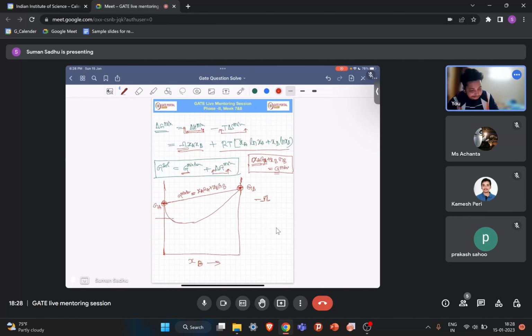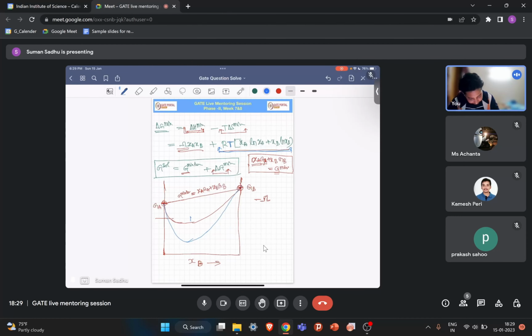Okay, and also what is the sign of this? The sign of this is always negative, right? Because xa is less than 1, that means your ln xa will be negative, and similarly ln xb will also be negative. The sign of this term will always be negative, and depending on the value of T, it may be more negative or less negative. Okay, so your S term is also in the negative direction.